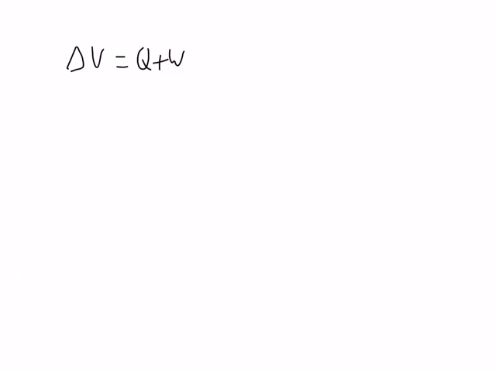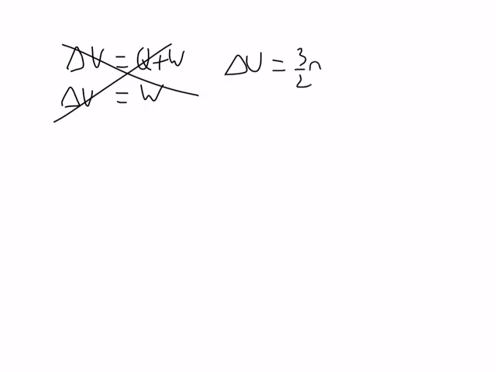But your first thought might be, well, delta U equals W because we weren't told anything about the heat. However, we were not told that Q equals 0. All we were told is a certain amount of information about the work. So we can't do this approach. We have to do that one.